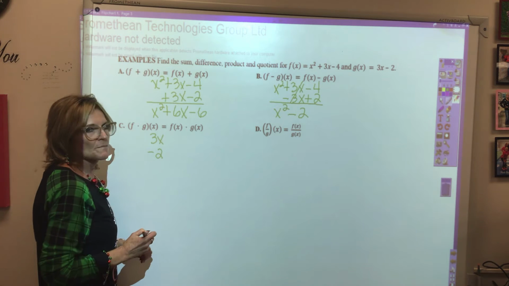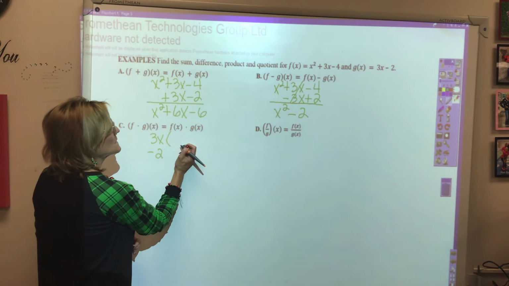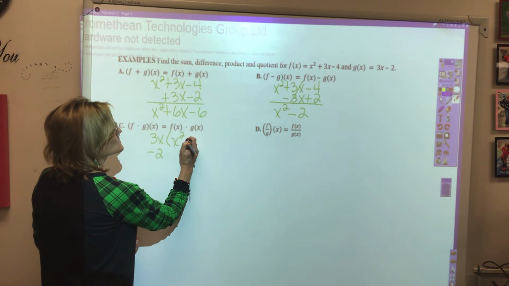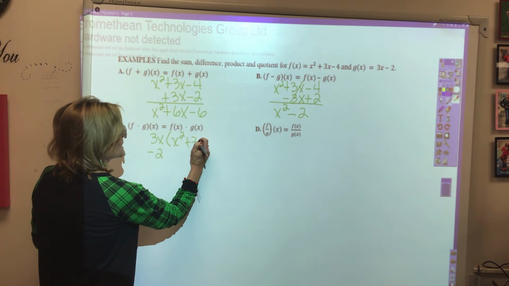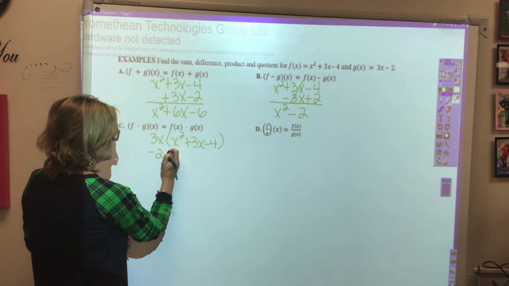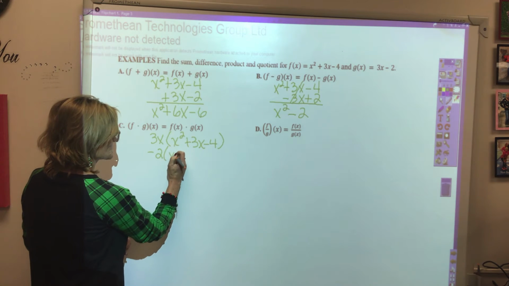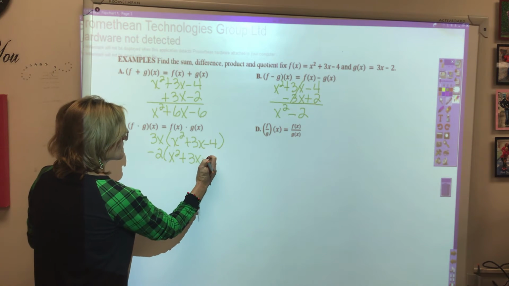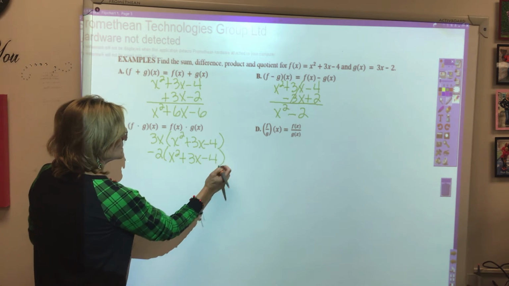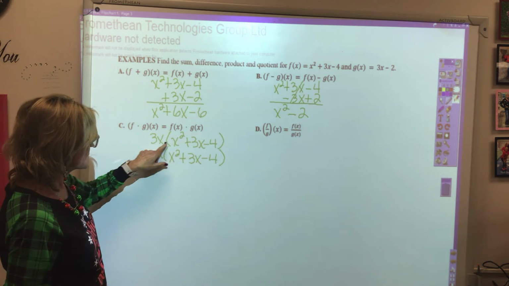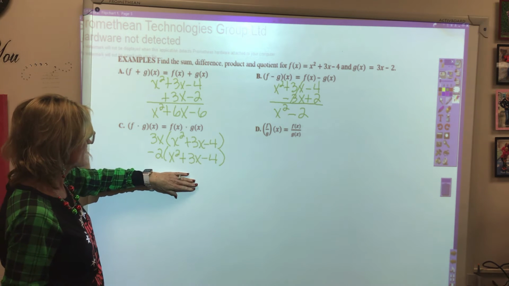And out beside both of these, I'm going to put in parentheses f of x, which is x squared plus 3x minus 4. I'm going to distribute, and I'm going to write my answer down here.